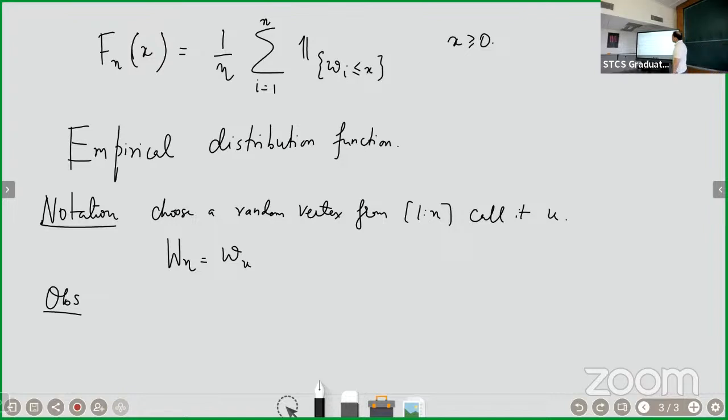What is the relationship between capital W_n and F_n? Is there any relationship between them? If I'm just picking one vertex uniformly at random, whatever its weight is, I'm defining it to be W_n. What has W_n got to do with F_n?